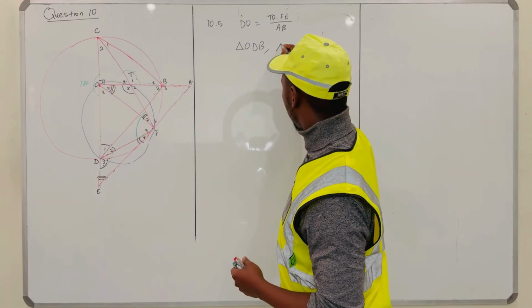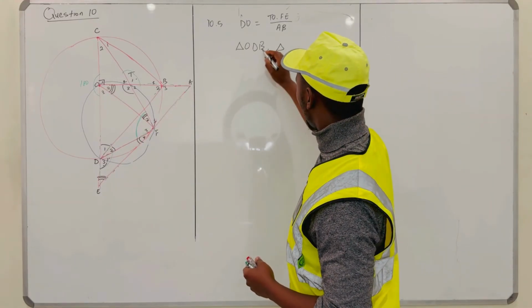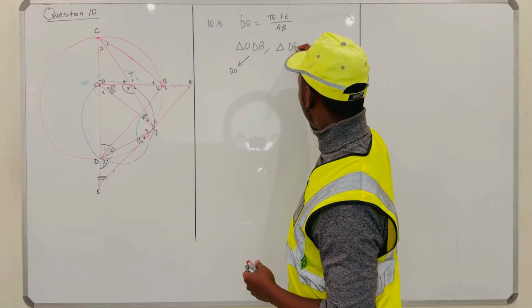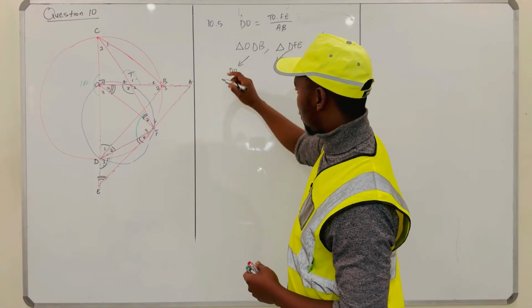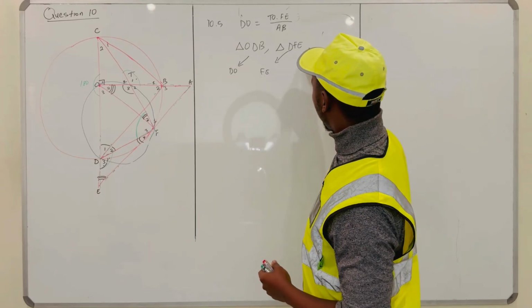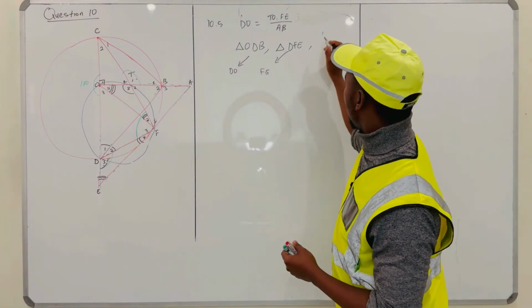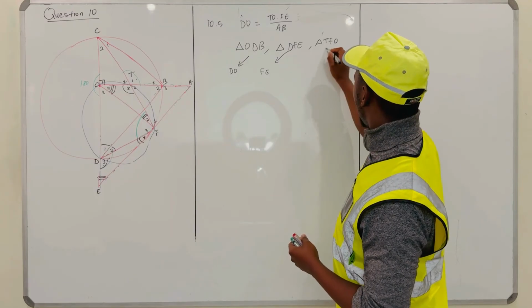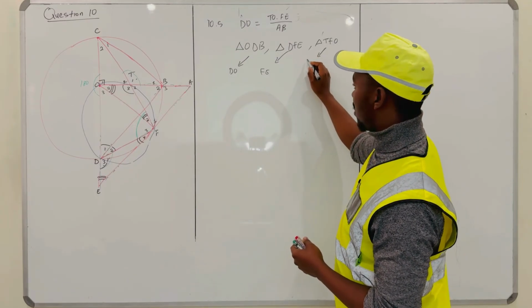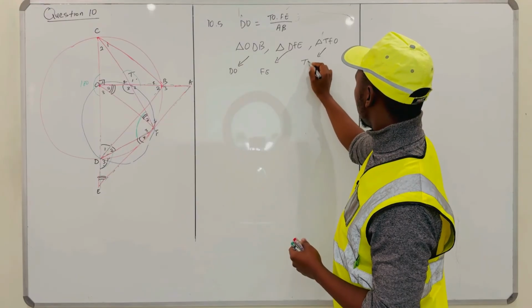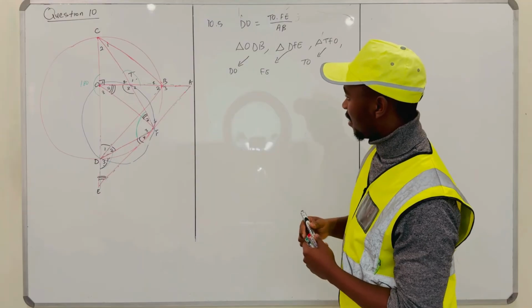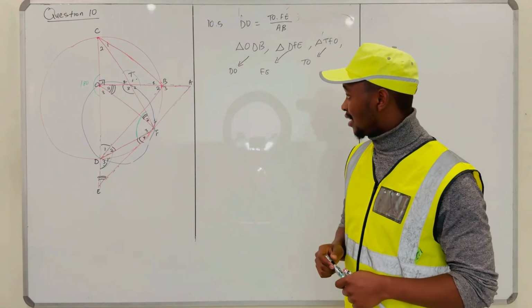So here we see there's DO in triangle DFE, and we can identify that we see FE there. And then there is triangle TFO, where we can identify that we're seeing TO there. Now there's this side here which is called AB, and AB sits at a weird position.